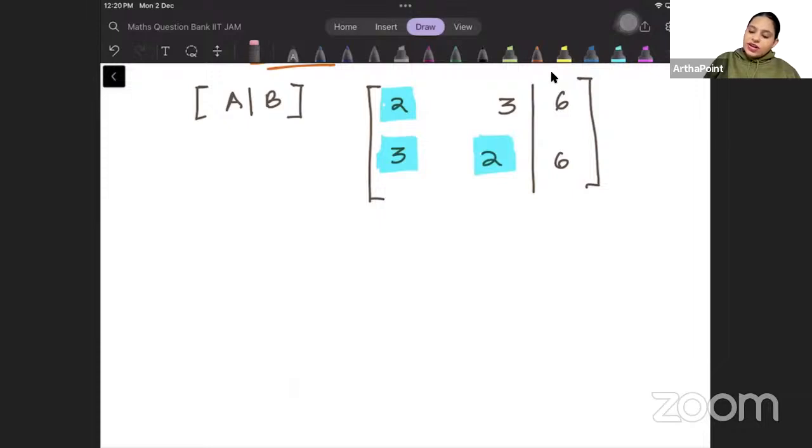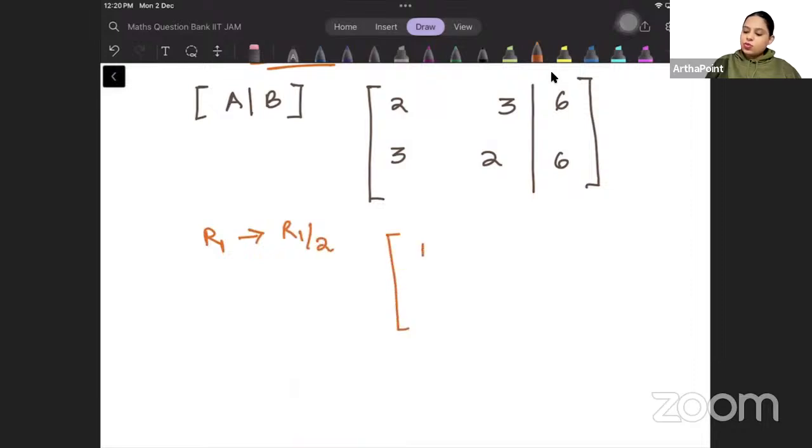So I can do R1 goes to R1 divided by 2. So I will get 1, 3 by 2, 6 divided by 2, 3, 3, 2, 6.